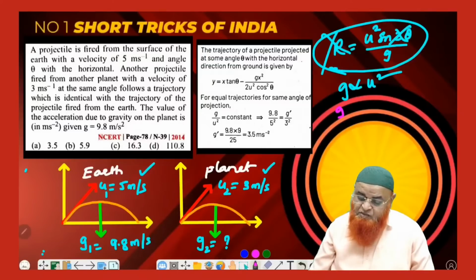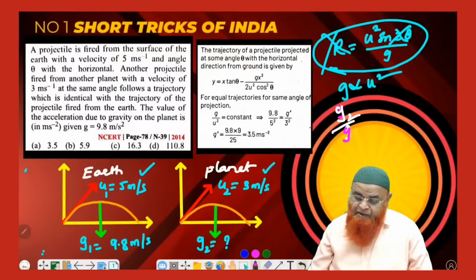So from this it is understood that G on the second planet by G on the first planet is equal to the initial velocity of the second planet by the initial velocity of the first planet, whole square.